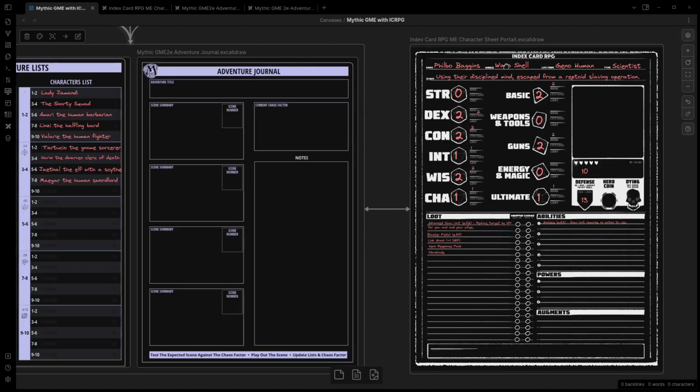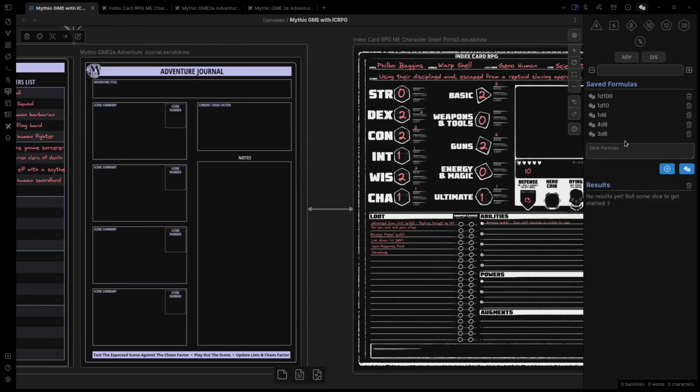What I'm going to do is open my Index Card RPG Master Edition book up to the LOG tables. LOG stands for location, obstacle, and goal. I'm going to roll 3d20 and see what the results are. So my location in Warp Shell is a cloud of vapor and breathable gas in space, punctuated by floating trees and globs of water.